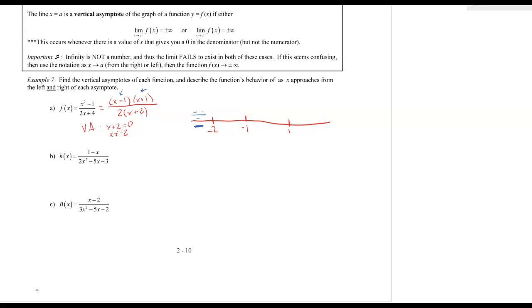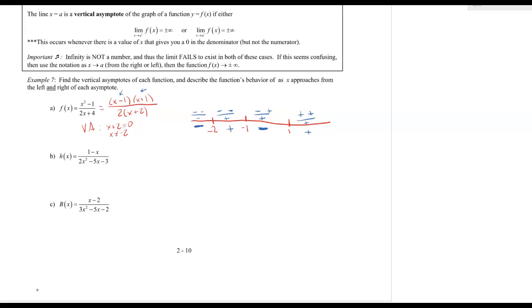Plugging in, let's say, negative 1.5 into the top factors would give me a negative and a negative, all over a positive, which all in all will give me a positive. Plugging in 0 should give me a negative, a positive, over a positive, and then plugging in 2 should give me a positive and a positive, all over a positive. Oops, I forgot to put my all in all being a negative.